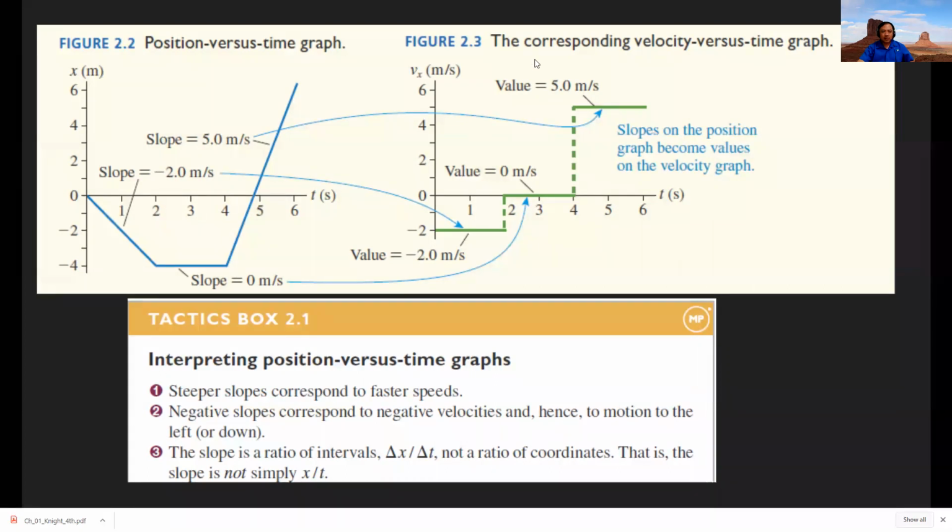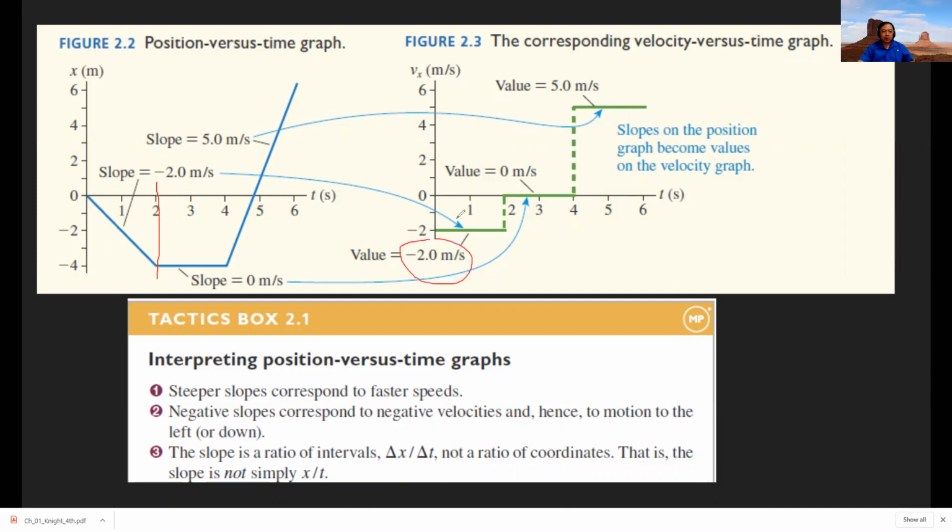Here we have different time intervals with different kinds of slopes. In the first time interval, from 0 to 2 seconds, take note that it has a negative slope. The final position minus the initial position is -4 minus 0 meters, that is -4 meters, divided by 2 seconds, which is 2 minus 0, the time interval. It will give you -2 meters per second.